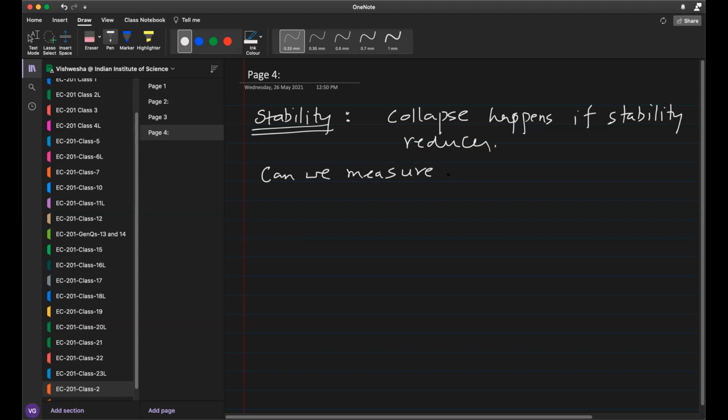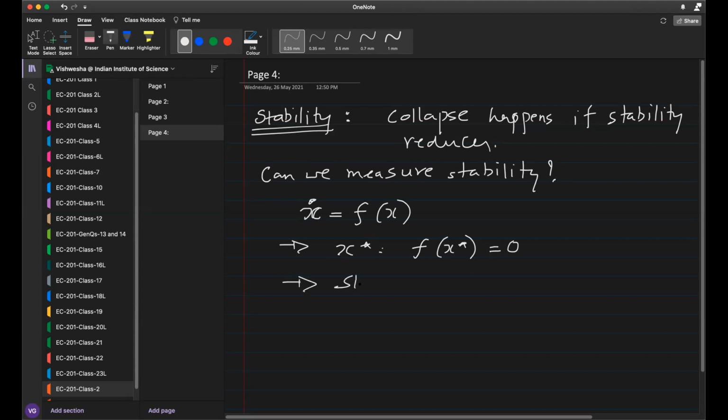How can we find stability for a population model that's given by this type? How can we define stability? We remember that we defined equilibrium given by f of x star equal to 0. We said the system is stable if f prime of x star is negative. But this was a qualitative judgment of stable or not stable.